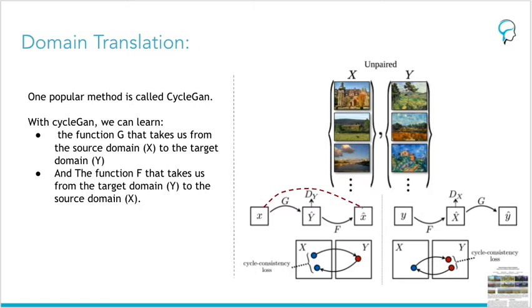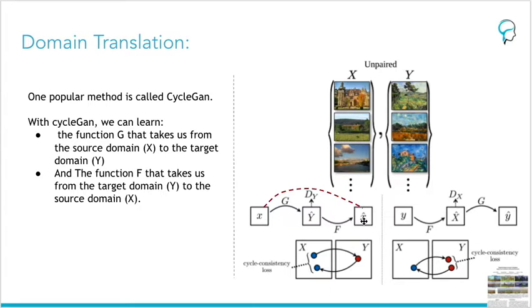A popular method is called CycleGAN. CycleGAN works by learning a function g that takes us from the source domain X to the target domain Y, and a function f that takes us from the target domain back to the source domain.